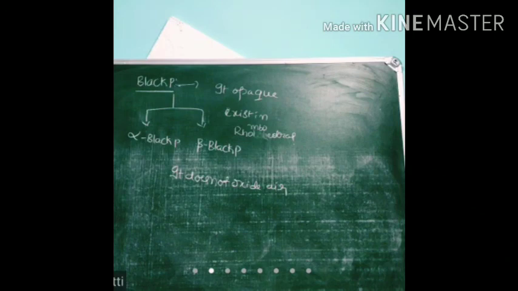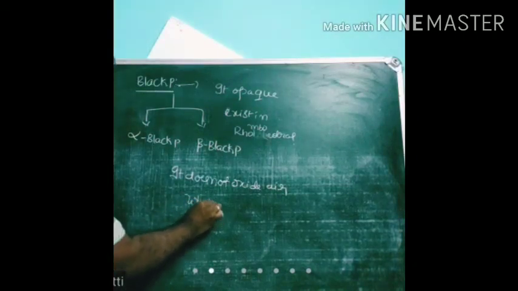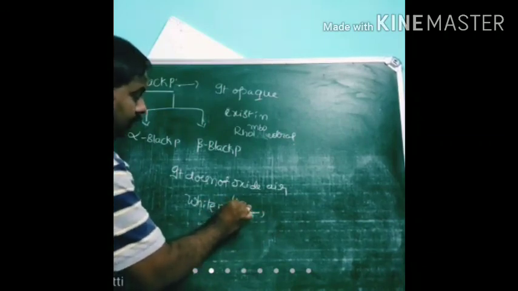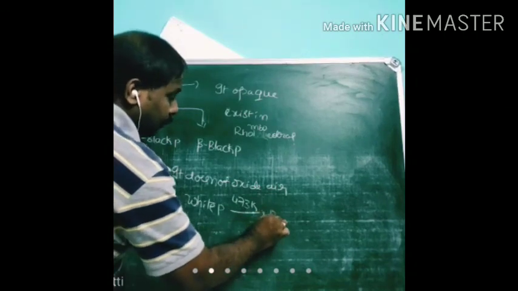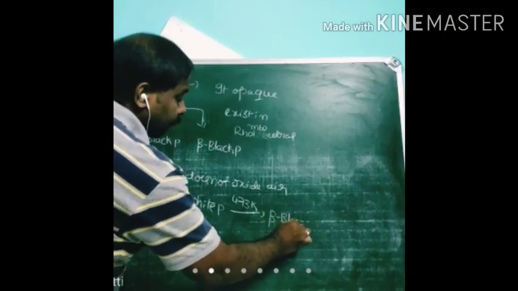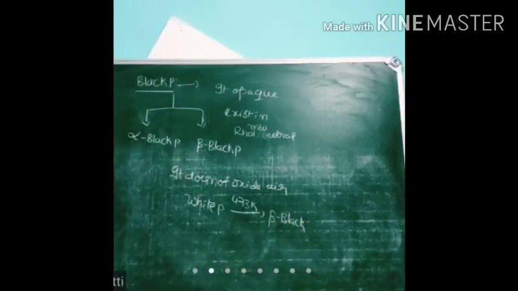Beta black phosphorus is prepared by heating white phosphorus at 473 kelvins. How is alpha black phosphorus obtained? By heating red phosphorus at 800 kelvins.